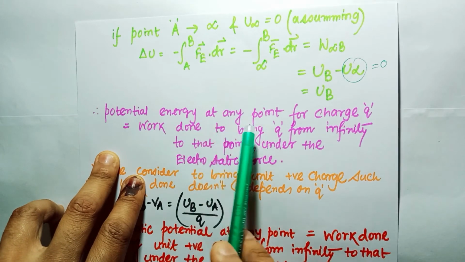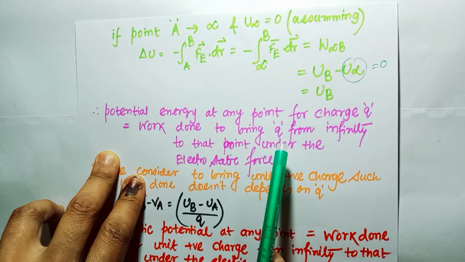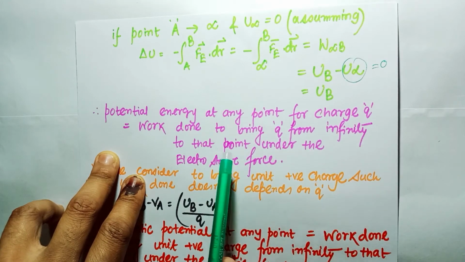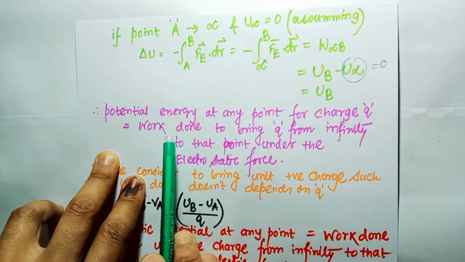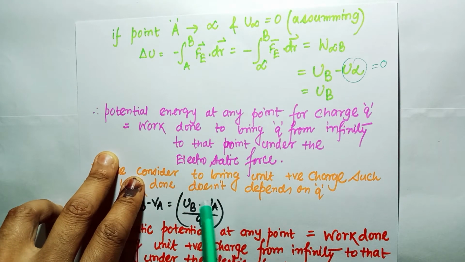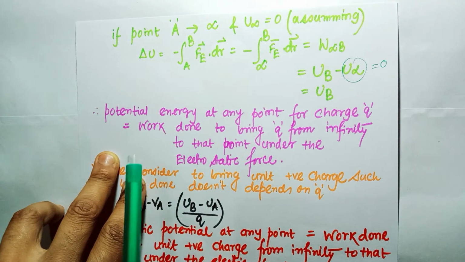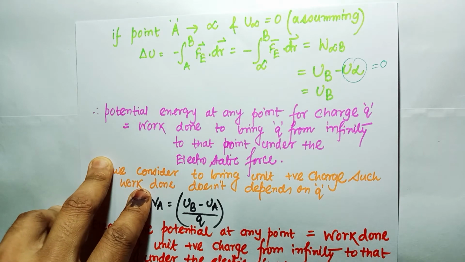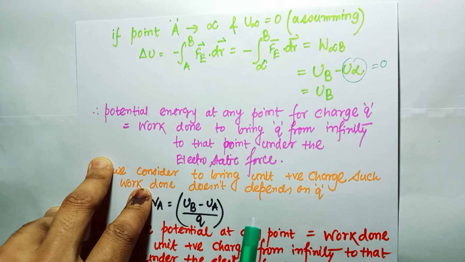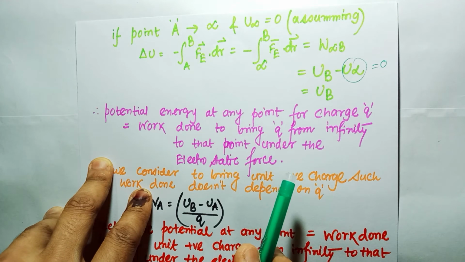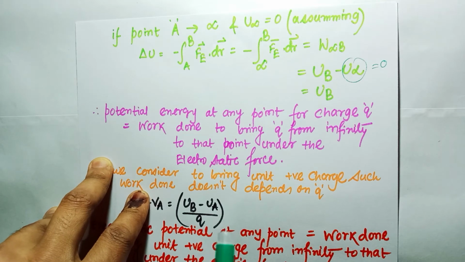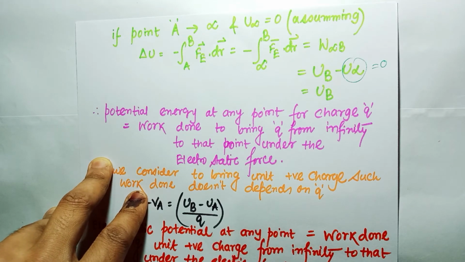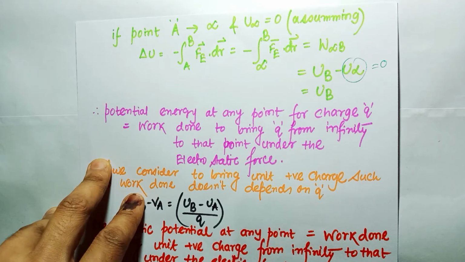It means if I bring some charge Q from infinite distance to that point under the electrostatic force, the amount of work done indicates the potential energy of that point. So how much work needs to be done is the measure of the potential energy.